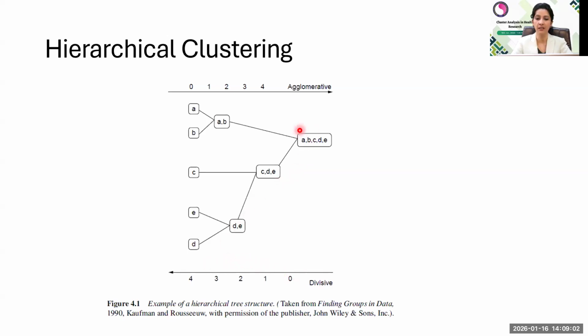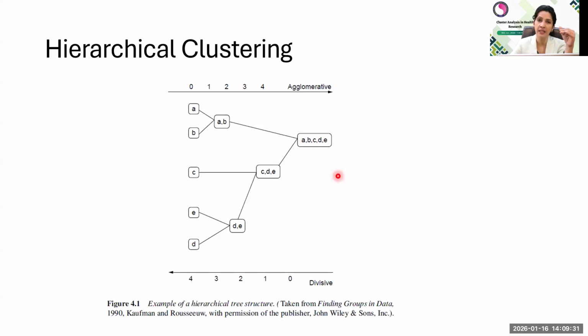Like I have started with A, B, C, D, E, then I have broken these into A, B and C, D, E. Then again I have broken C, D, E into C and D, E, and then again into individual A, B, C, D, and E. So this is an example of a hierarchical tree structure, and this is basically the difference between the agglomerative and the divisive.